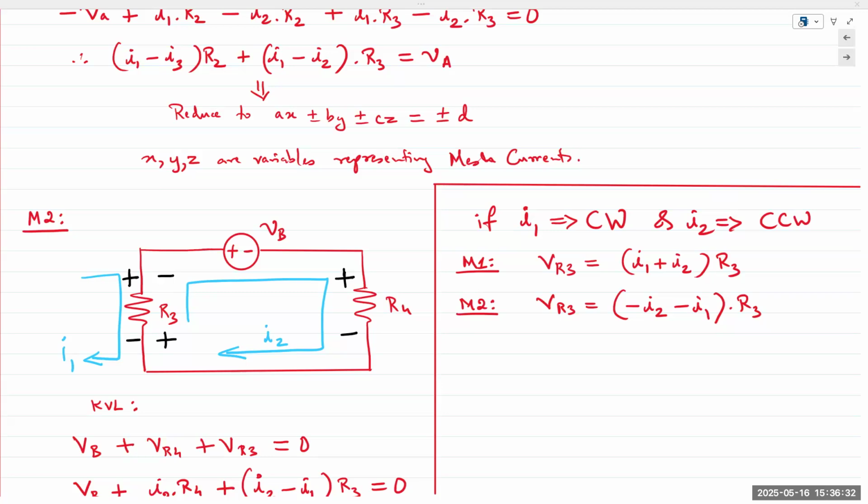To further your understanding about this, I would suggest if you have a preferred method of applying KVL, you go through these steps with your own preferred method. Apply KVL clockwise, apply KVL counterclockwise. It does not matter how or which direction you choose for your mesh currents or how you choose to sum up the voltages. Your eventual equations will be exactly the same as these. They would not change.